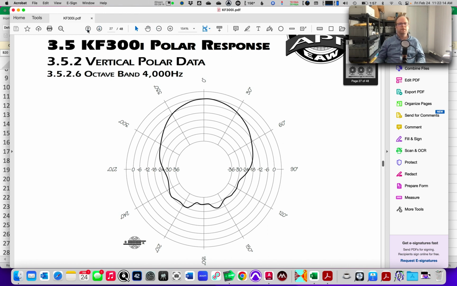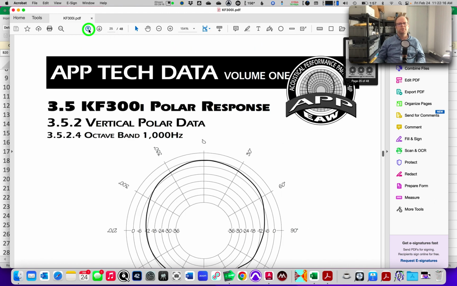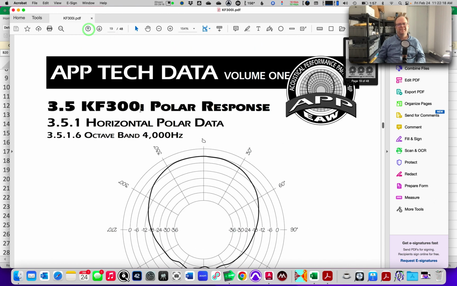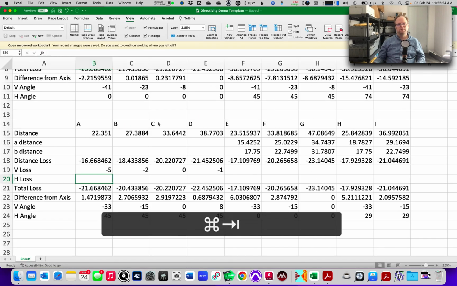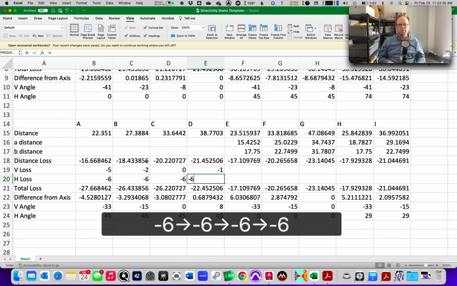I'm like, why is this not making sense? Let's go look at the horizontal. Okay, yes, here we go to 45 degrees and there's 6 dB down. So I was very confused for a moment there. I was expecting it to be 6 and it wasn't, but I was looking at the wrong plot. Okay, so these will be minus 6, we know that, okay?